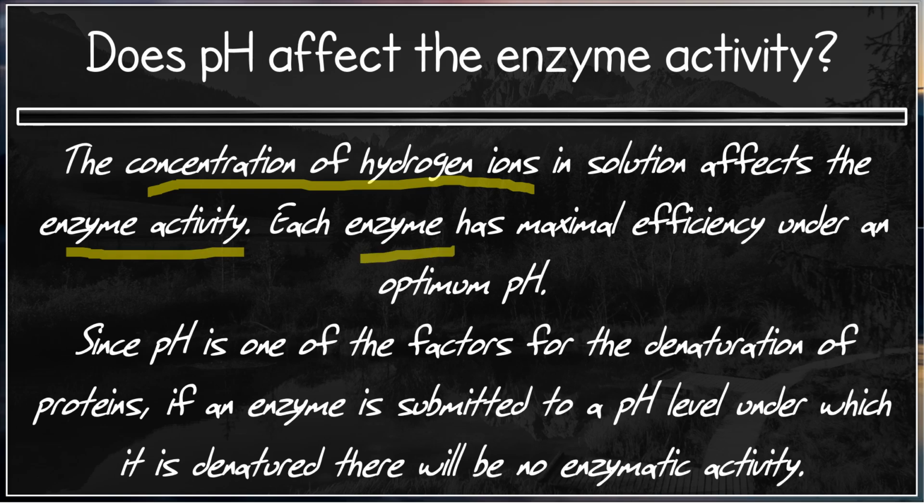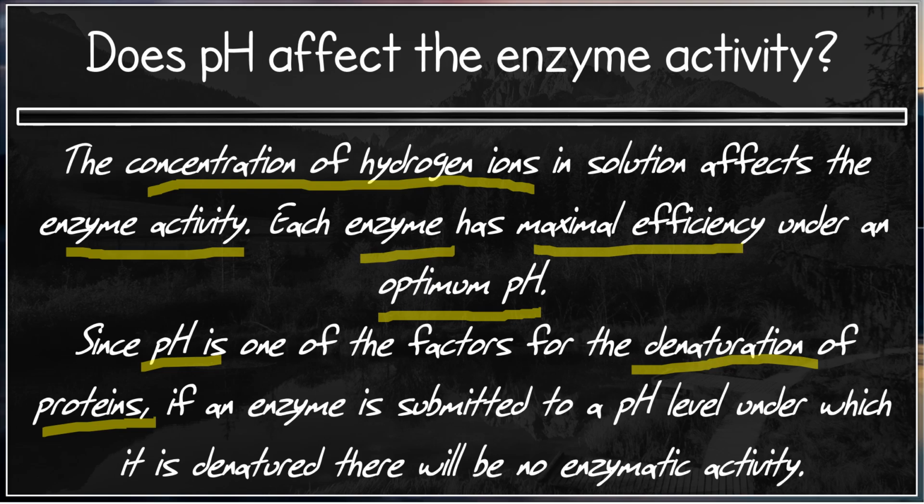Enzymes have maximum efficiency under optimum pH. Since pH is one of the factors for the denaturation of proteins, if an enzyme is submitted to a pH level under which it is denatured, there will be no enzymatic activity.